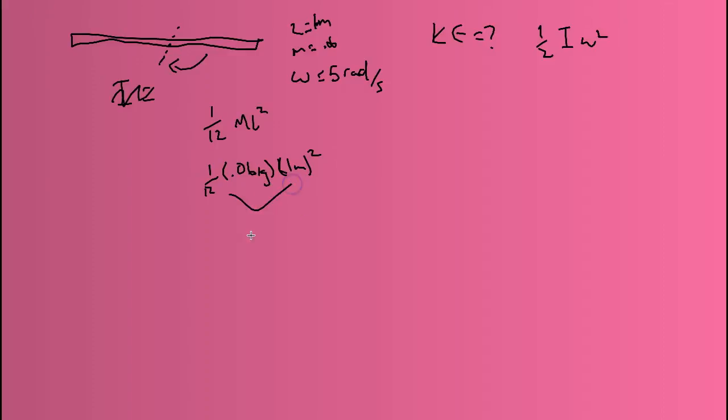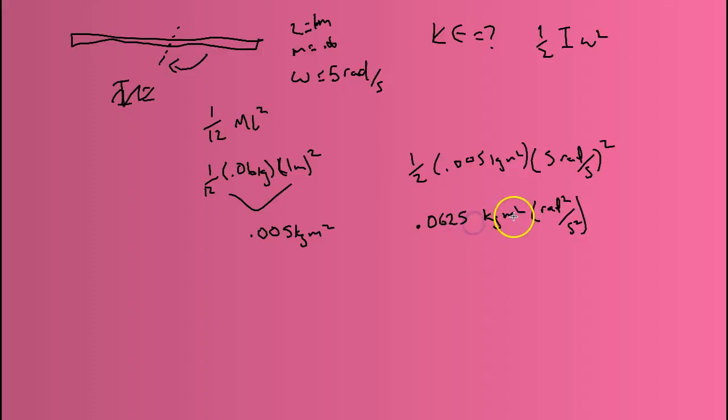So we now have a rotational inertia of 0.005 kilogram meters squared, which we can now use to calculate the angular kinetic energy. So we'll say 1/2 times 0.005 kilogram meters squared times our angular velocity of 5 radians per second, all squared. We simplify that, and now we have to focus on this part.